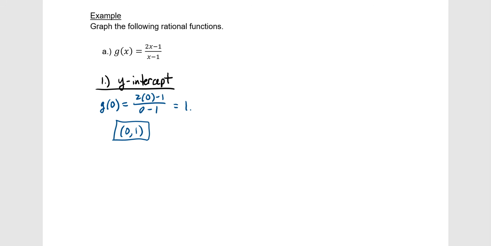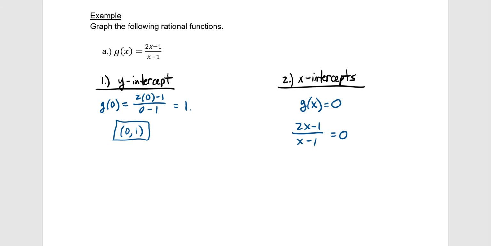And for the next thing, we can find the x-intercepts. So there could be 0 x-intercepts, there could be multiple x-intercepts. So we're going to take the function and we're going to set it equal to 0. So we're going to take g of x, set it equal to 0. So that's going to be the whole function equal to 0.